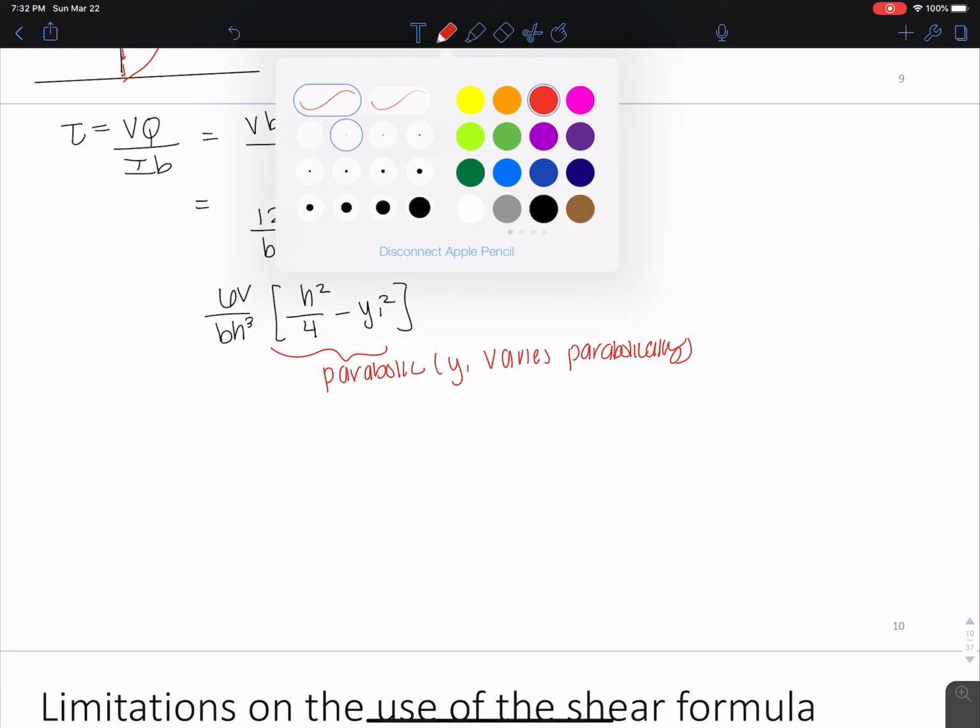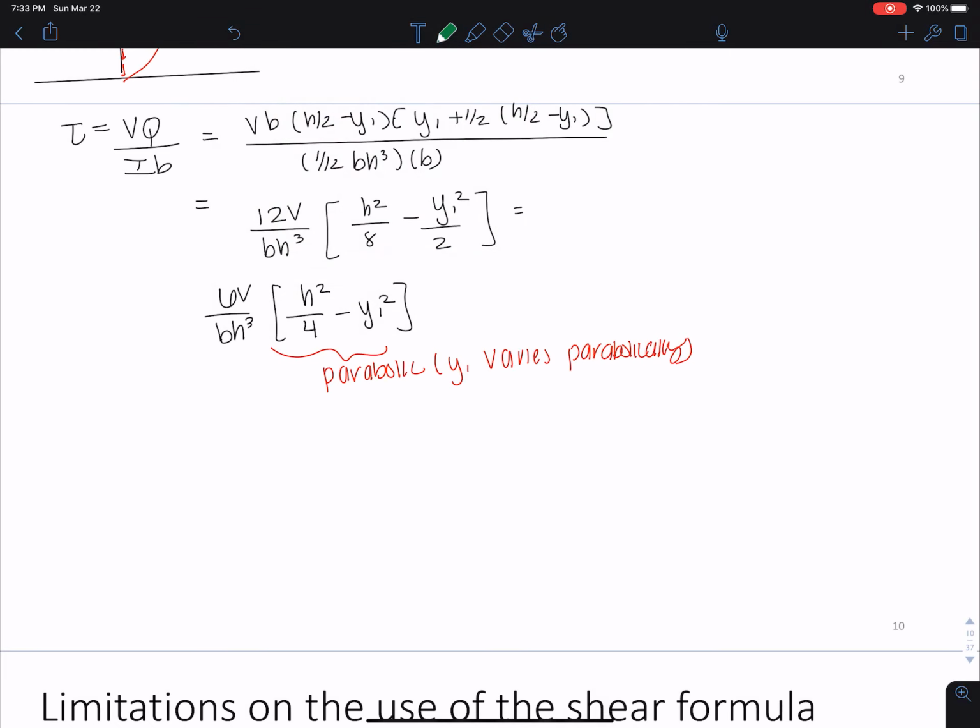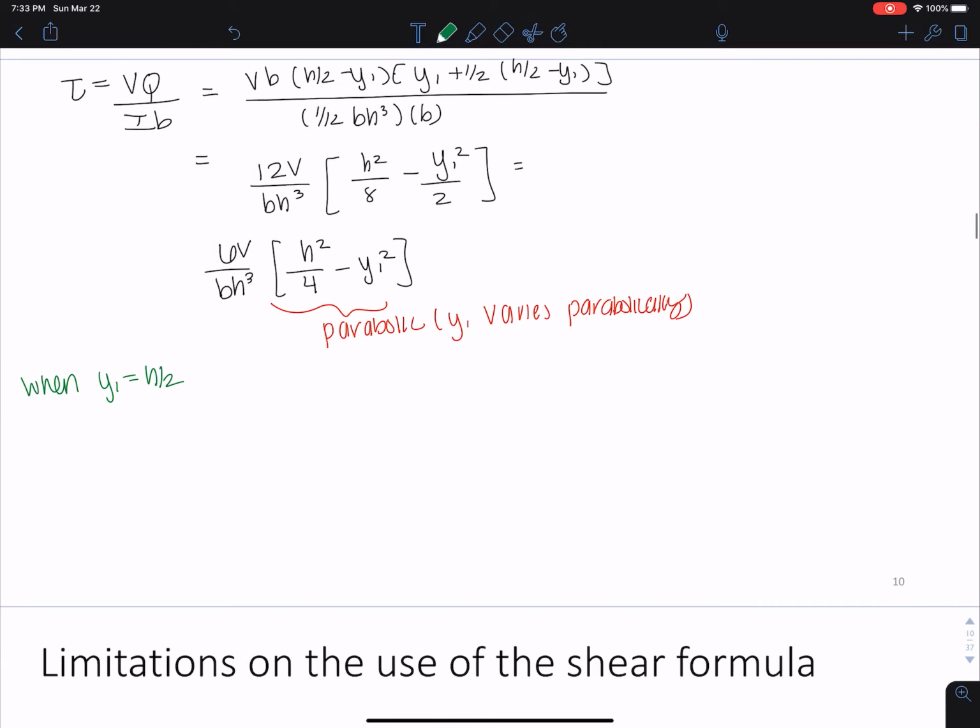And we can notice some special things here. When Y1 is equal to H over 2, this is either at the top or the bottom, we have H squared over 4 minus Y1 squared equals 0, and we get tau equals 0. And we can also see that when Y1 equals 0, this is when tau is max.